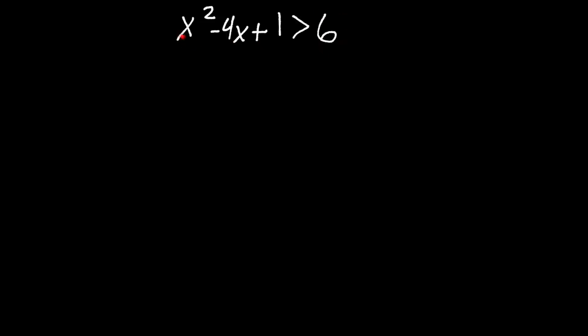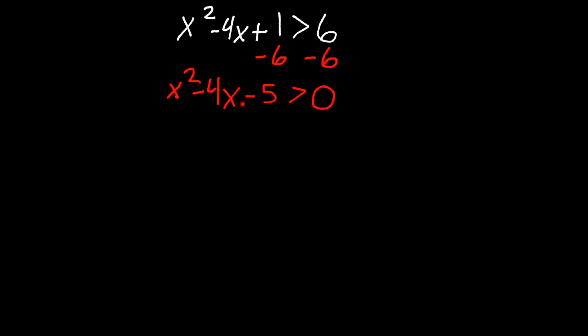So I'm going to either have to make the left side equal to 0 or the right side equal to 0. And I think we would all agree it'd be easiest to get rid of that 6 through subtraction. So we're going to subtract 6, and we're going to have x squared minus 4x minus 5 is greater than 0.